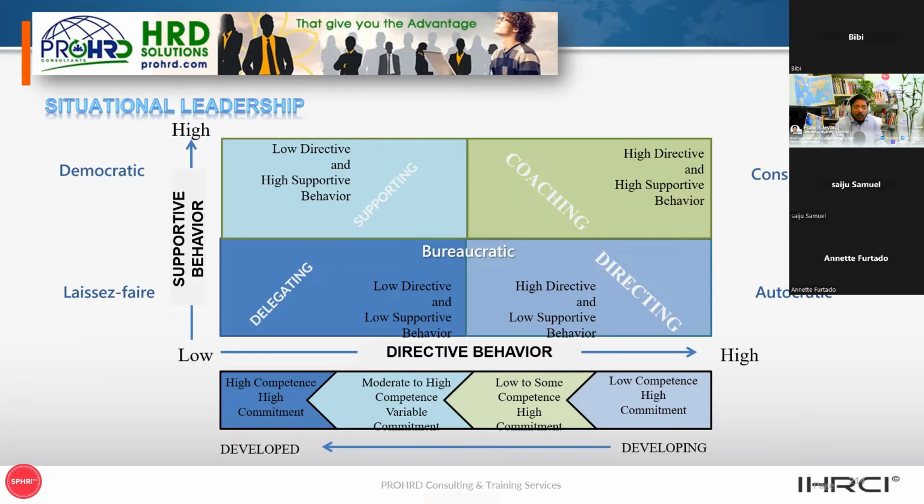Okay. So in autocratic, to sum up, decisions are made by the leader without consulting the team. The appropriate situation is when quick decisions are needed without requiring team input. You have to just make a decision.